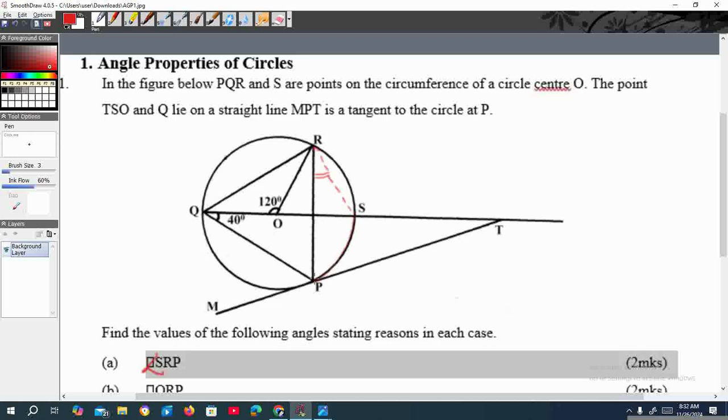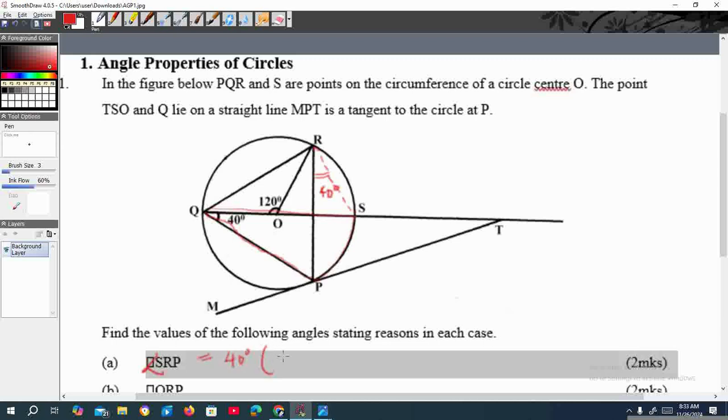The same arc PS is making this angle PQS. And we usually say that angles obtained on the circumference of a circle by the same arc are equal. So this angle SRP will also be 40 degrees.